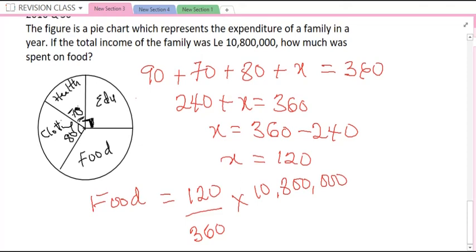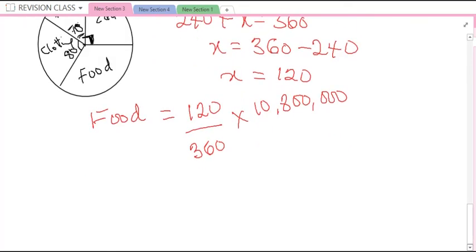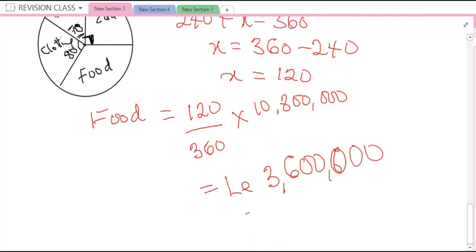So if you do the multiplication, you're going to have 120 times 10,800,000 divided by 360. So the amount spent on food will be 3,600,000. That will be the final answer.